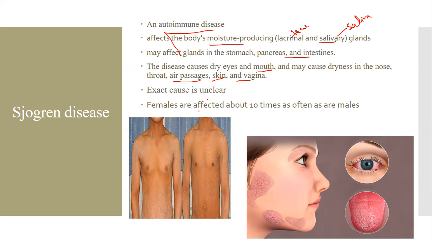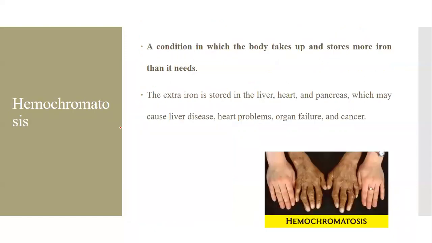Compared with males, females are affected 10 times more. These are some pictures of patients affected with Sjogren's disease. You can see there are some patches, mainly due to the severe dryness. Especially in the eyes we can see dryness, and also in the tongue we can see an extreme form of dryness.